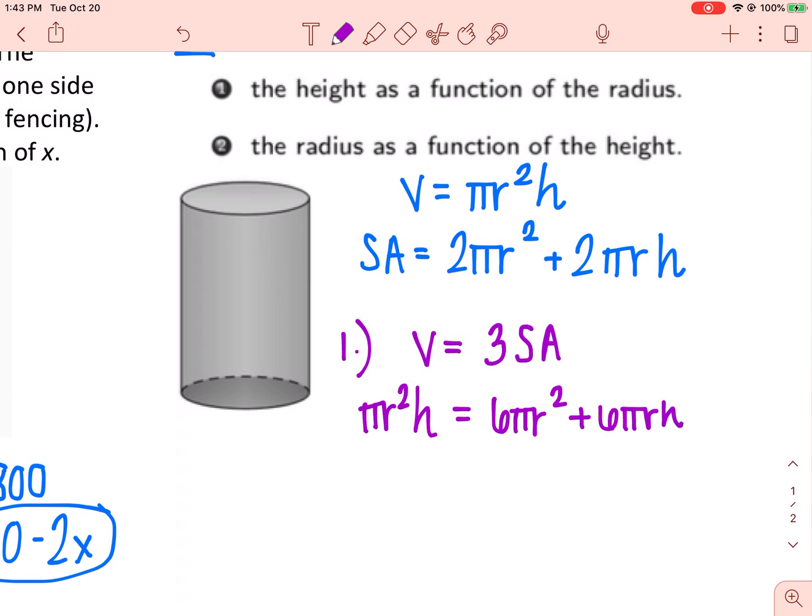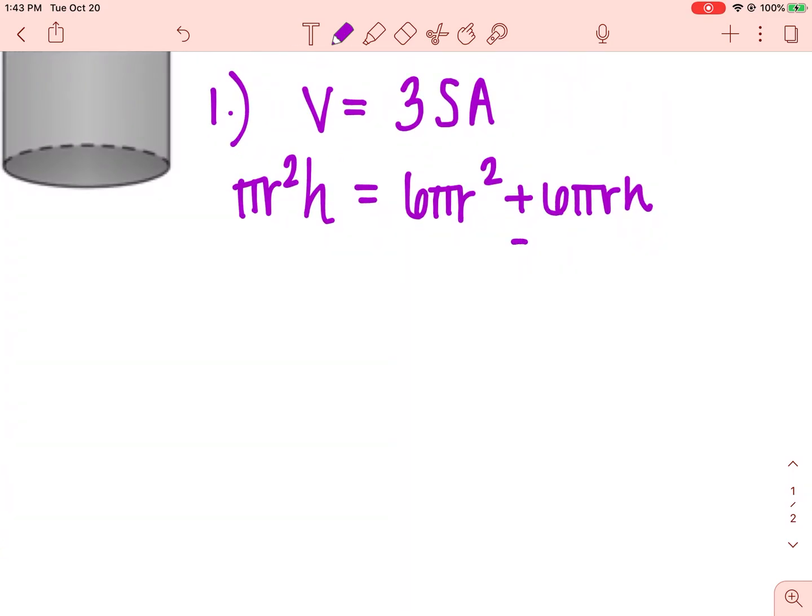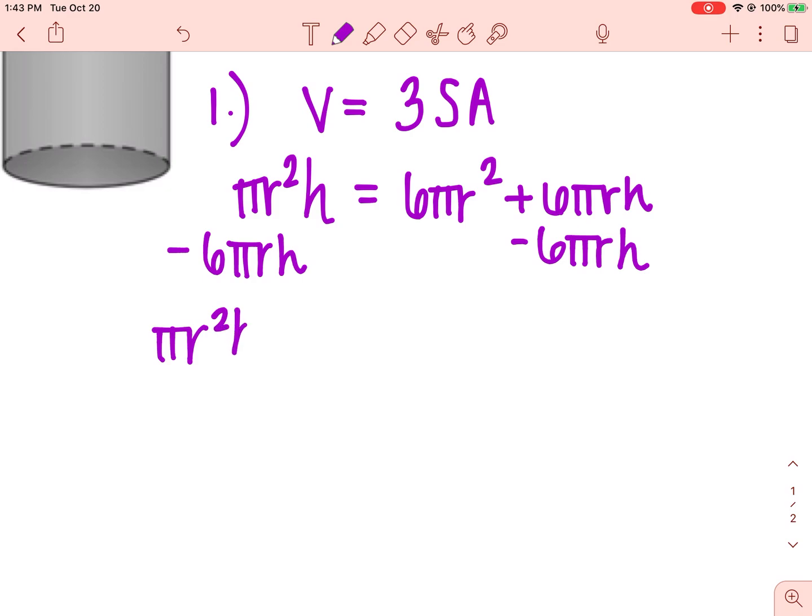Now I want h as a function of r. That means h equals something with r. Okay, that's what I'm trying to find. So I want to get h by itself, which means I'm going to put h to the same side. All terms with h are going to go on the left side. So I have pi r squared h minus 6 pi rh going to equal 6 pi r squared.